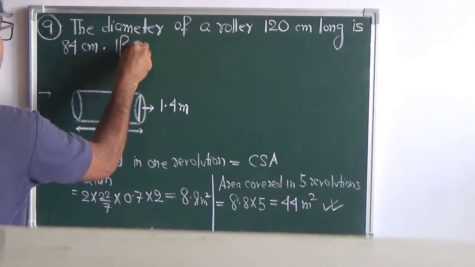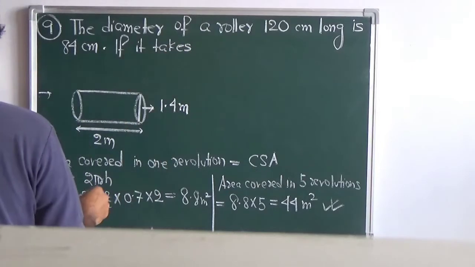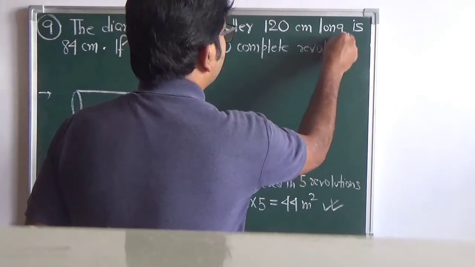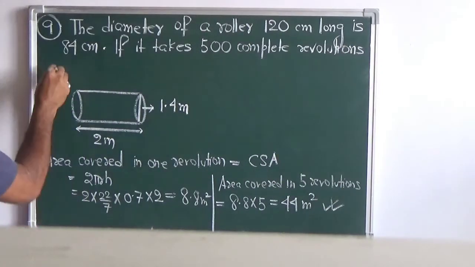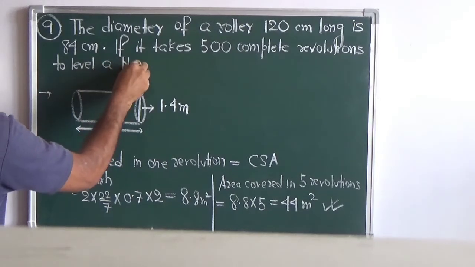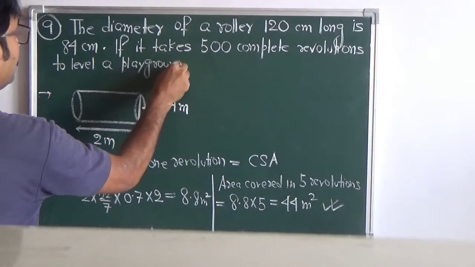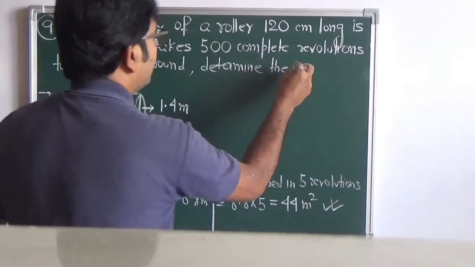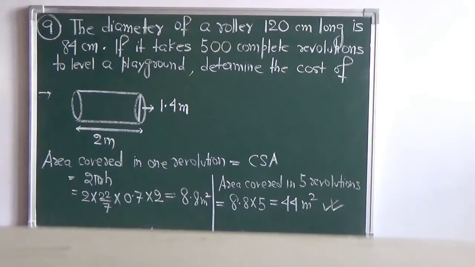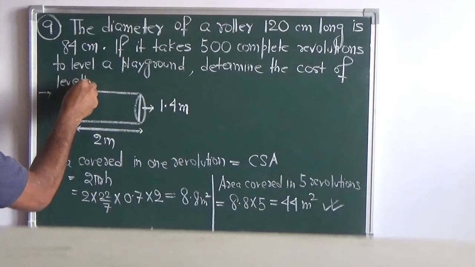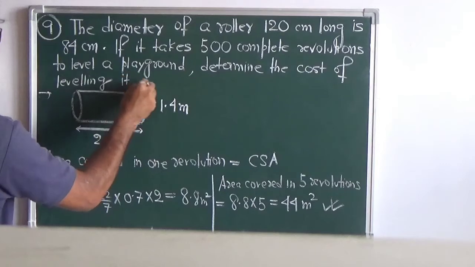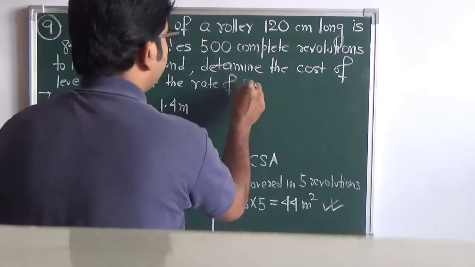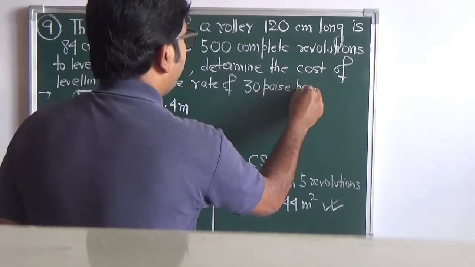If it takes 500 complete revolutions to level a playground, determine the cost of leveling it at the rate of 30 paisa per square meter.